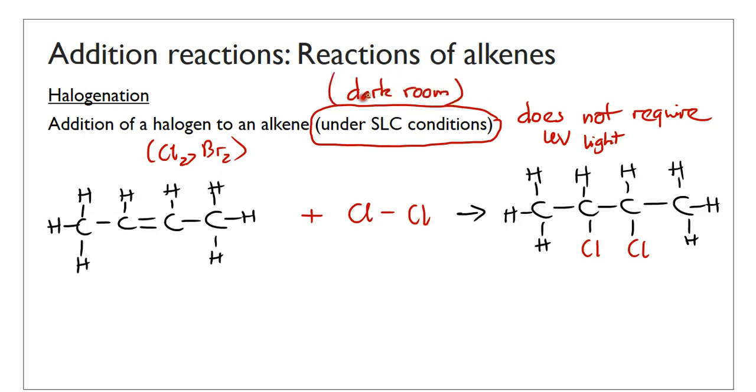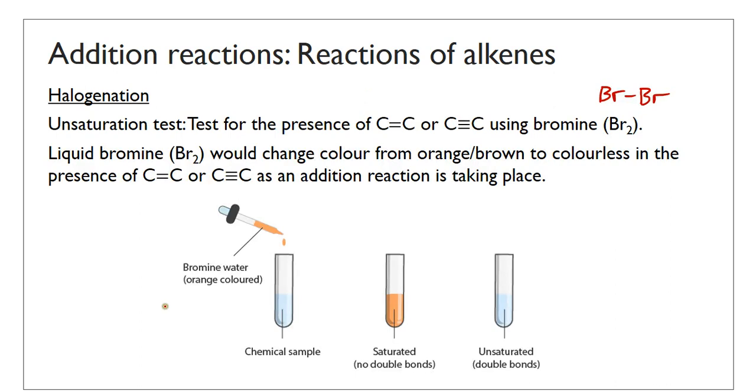There you go. So if you mix bromine water, which is orange, with a chemical sample and do not supply UV light, if you see no change in color, then that substance must be saturated. But if you see a change in color, then that substance is unsaturated. It most likely has a C=C double bond, or it can also have a C≡C triple bond.